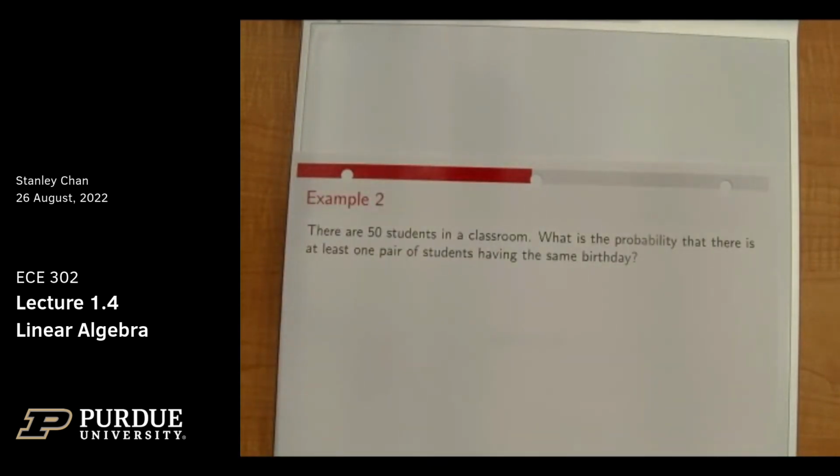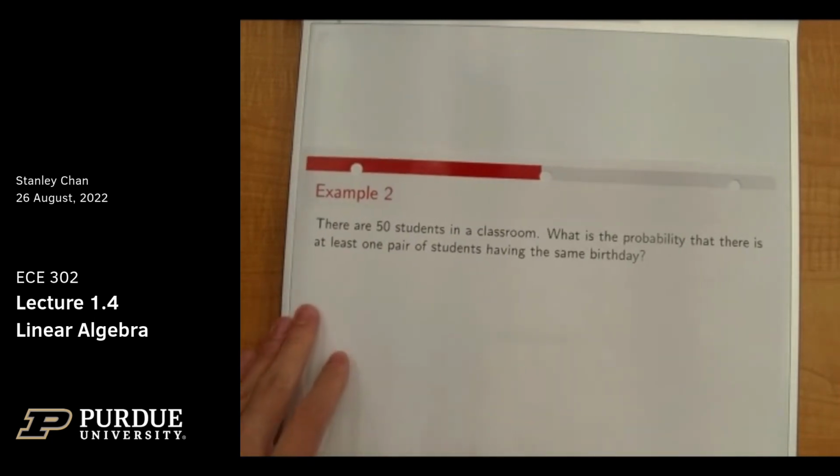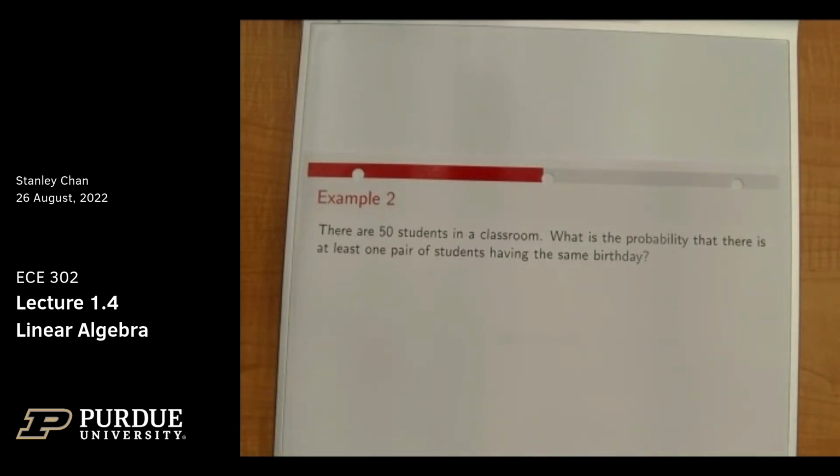There are 50 students in the classroom. What is the probability that at least one pair of students will have the same birthday? The way of thinking is to imagine that the 50 students are lying outside the classroom. As they walk in, there will be 365 seats.